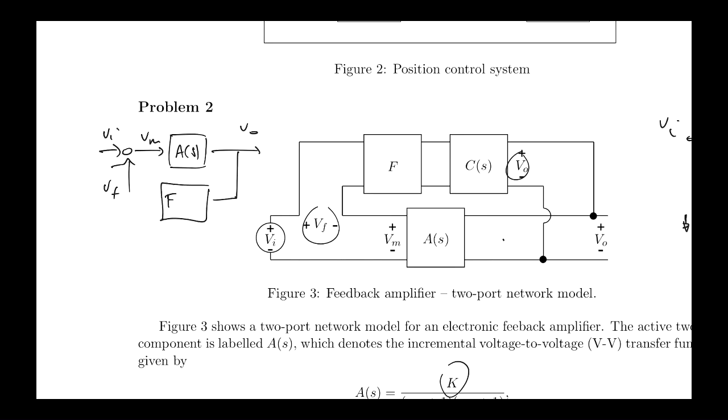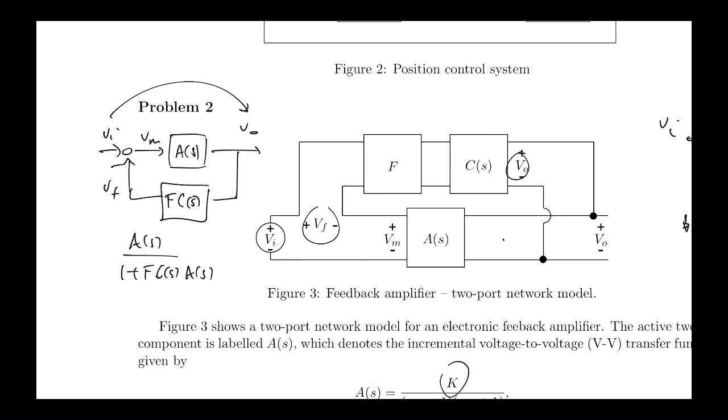And that is F, which is the resistor divider fraction, times the compensator C(s) that I put in that little feedback path. So the closed loop transfer function from here to here will be A(s) divided by 1 plus F C(s) A(s).